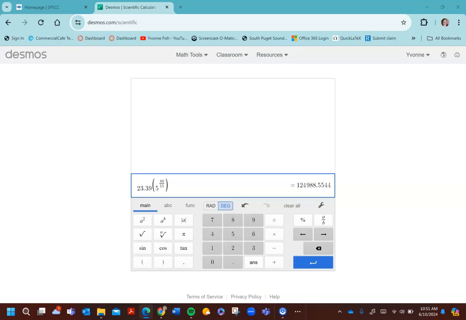And I get 124,988.5544. They round to the nearest, looks like 1,000, so 125,000.